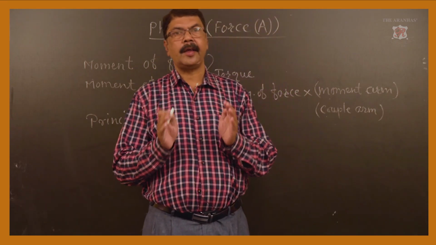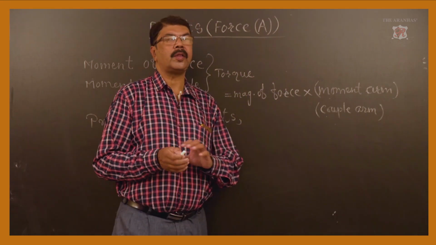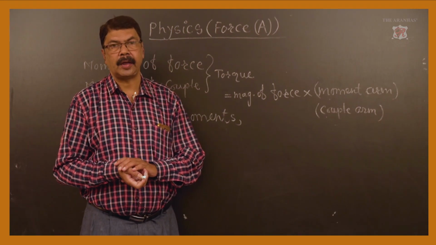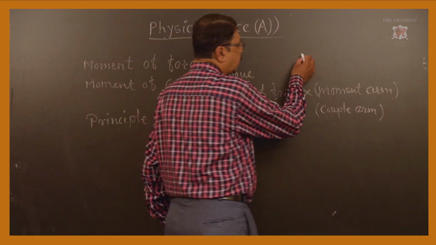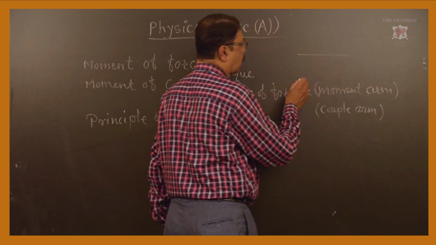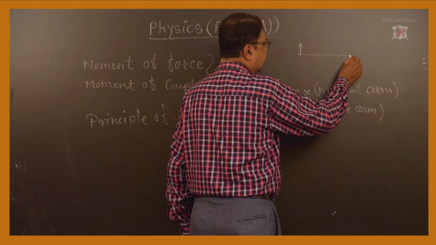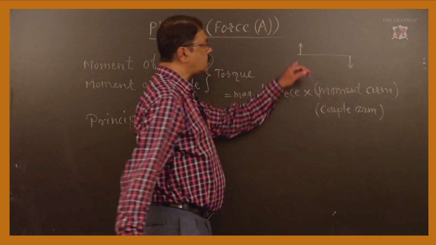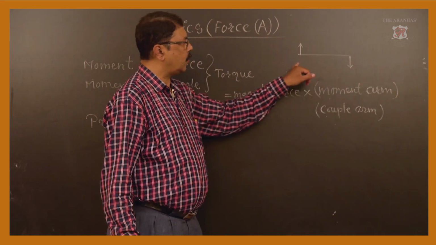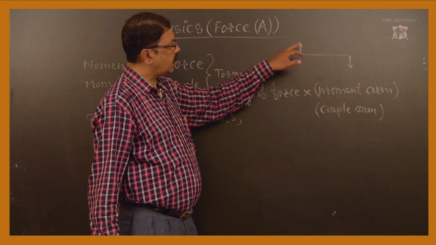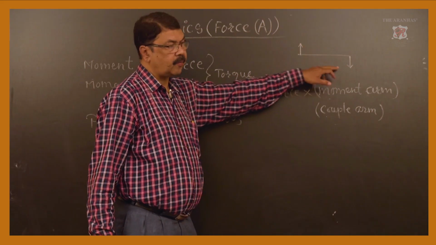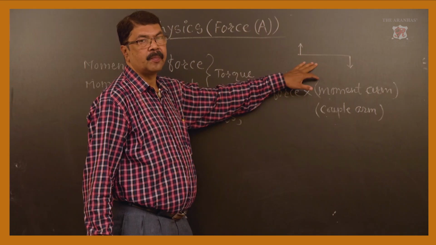In case of linear equilibrium, sum of all the forces acting on the body is 0. It means that if this is a uniform rod and if there are 2 forces acting like this, and if these forces have equal magnitude as they have opposite direction, their sum, vector sum, will always be equal to 0.